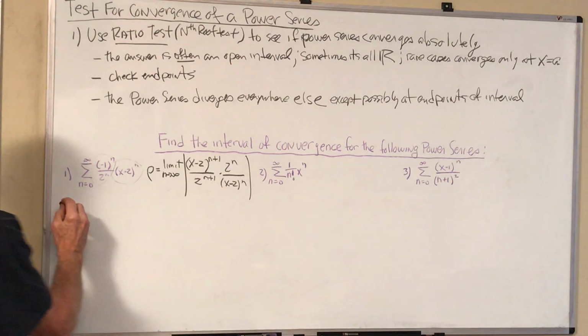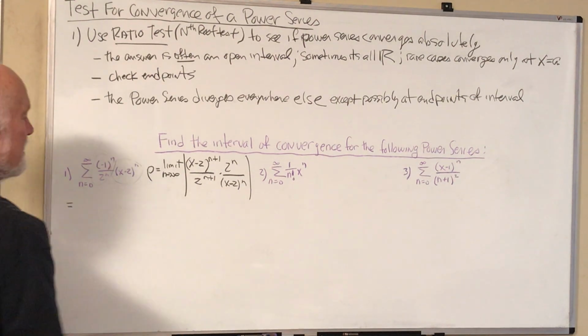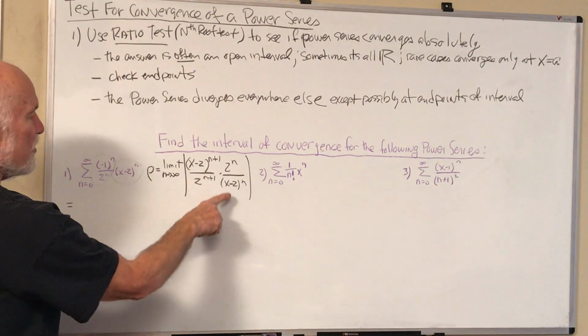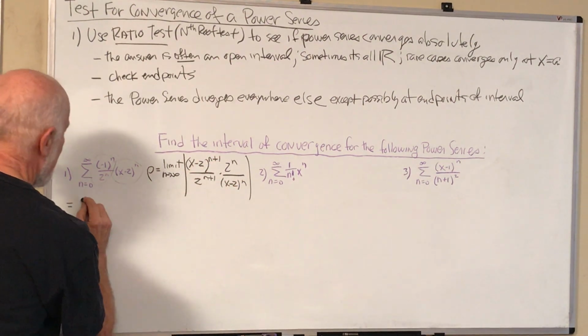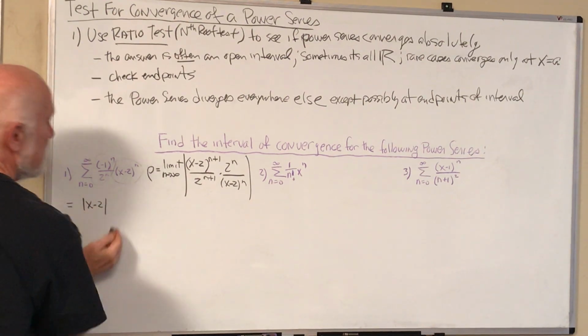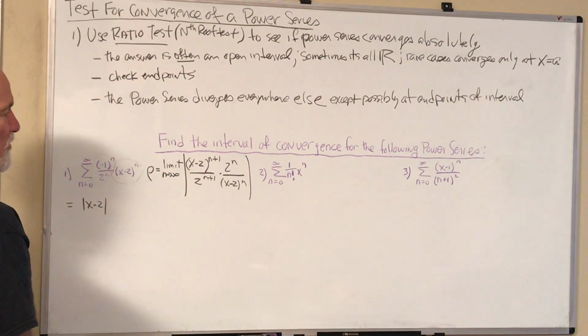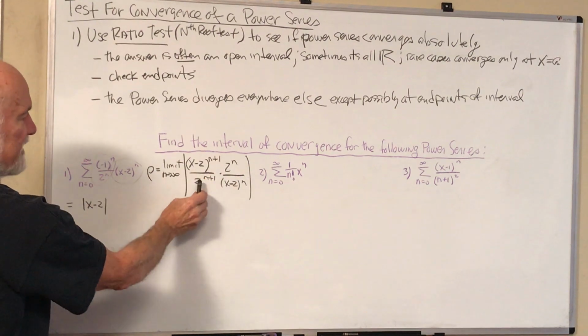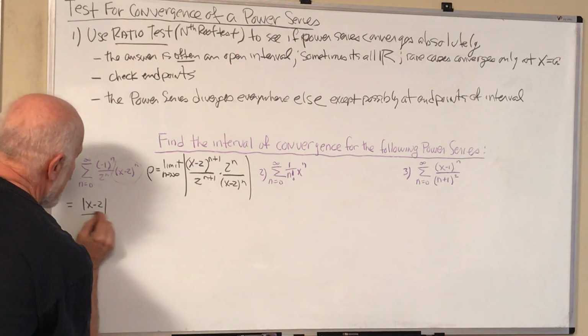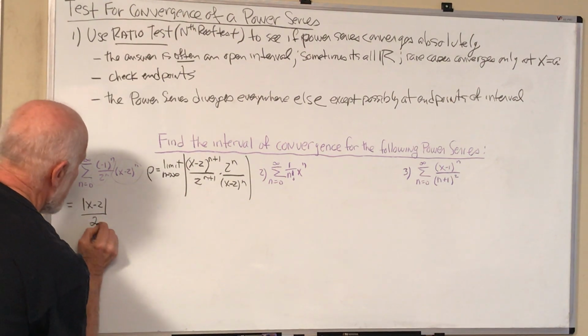Now, can I simplify that? Well, |x minus 2| to the n plus 1 over |x minus 2| to the n is just |x minus 2|. It's still in the absolute value, and 2 to the n over 2 to the n plus 1 is just 1/2.